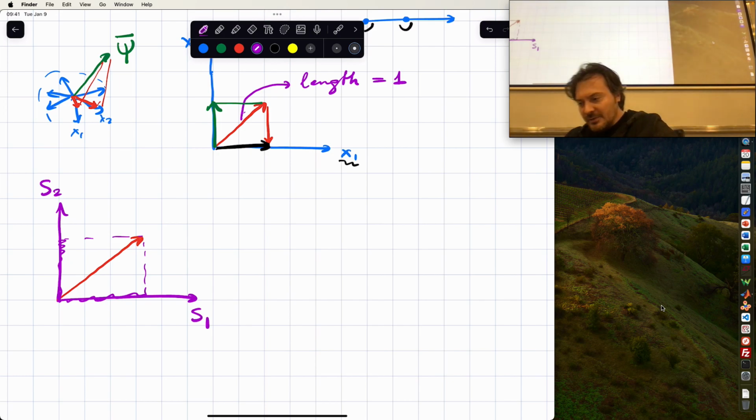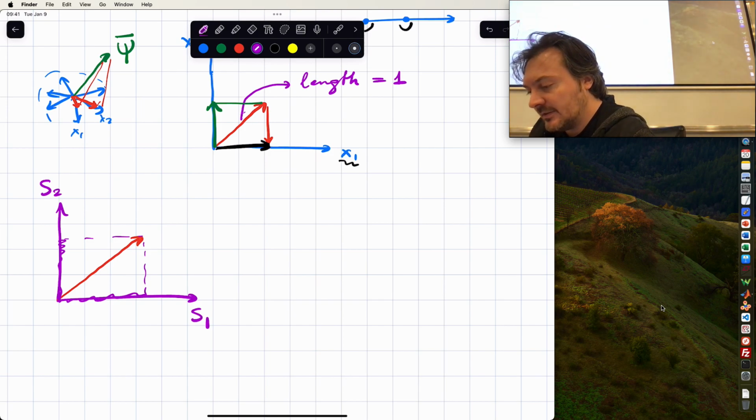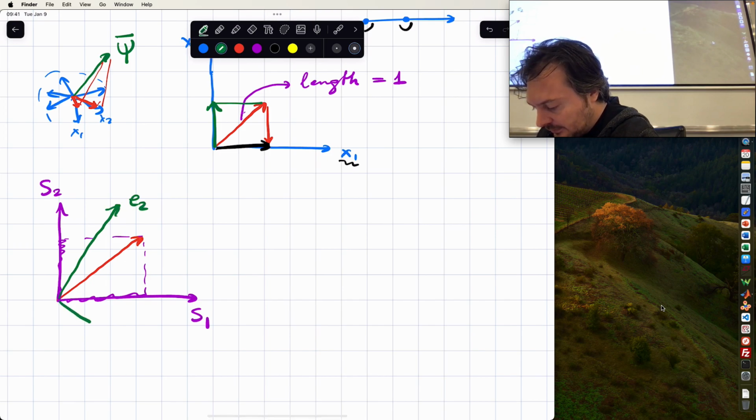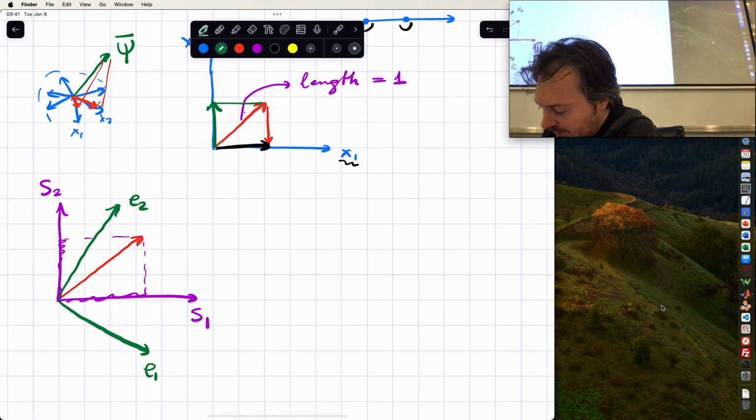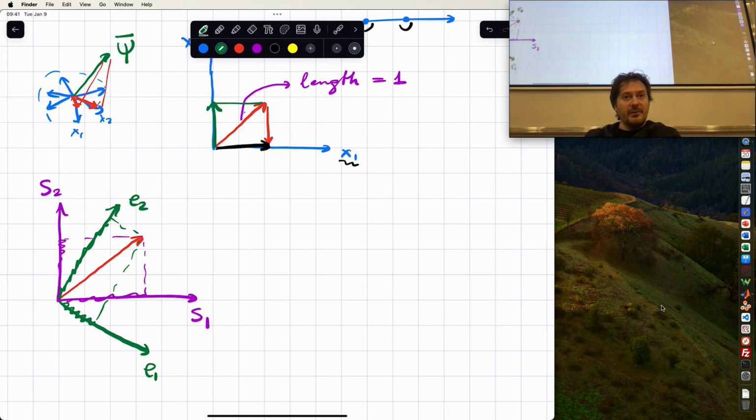Now, if you are measuring something else, let's call it E1 and E2, their vectors might be in a different direction, right? Then the probability of measuring E1 will be this projection. The probability of measuring E2 will be this projection. It's the same wave function.